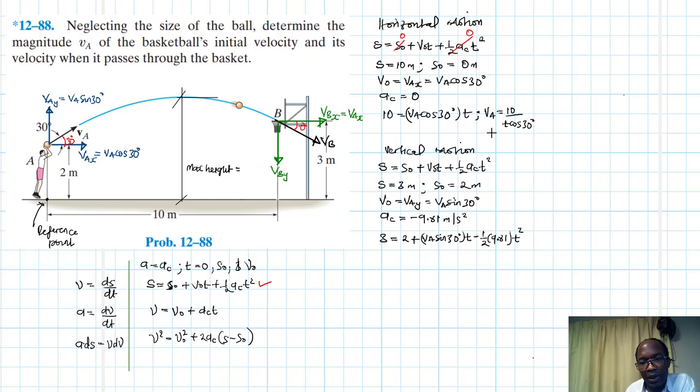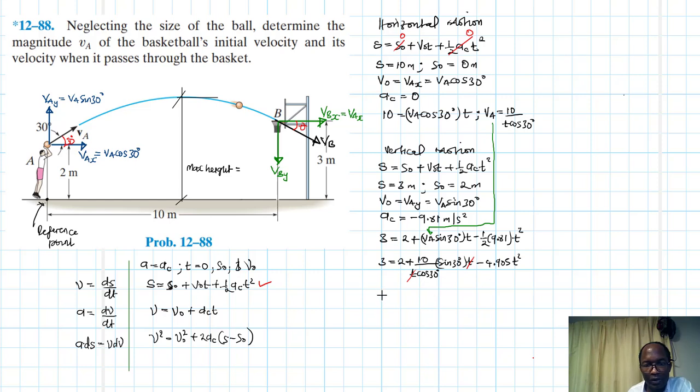Then I'll plug this part in here, and once I do so, I'm going to have 3 is equal to 2 plus 10 divided by T cos 30, times sine 30, times T, minus half of 9.81, which is 4.905 T squared. Of course, this and this cancel.